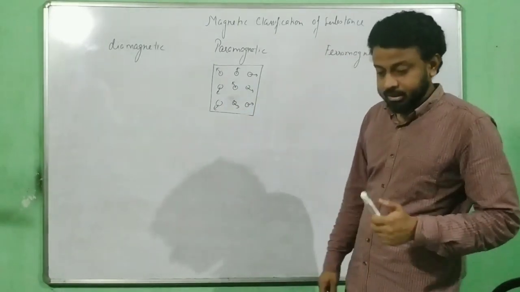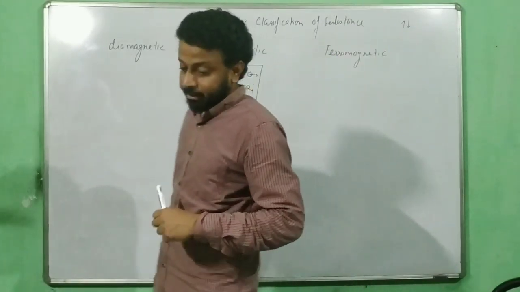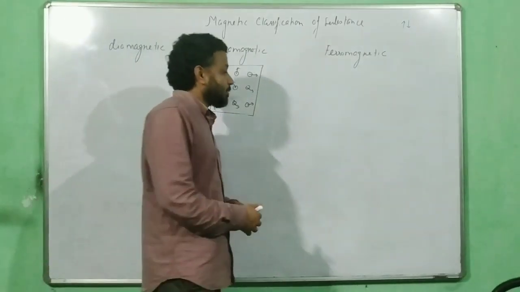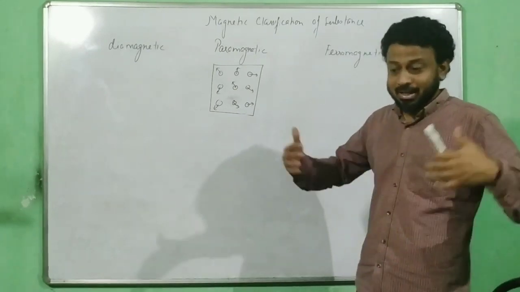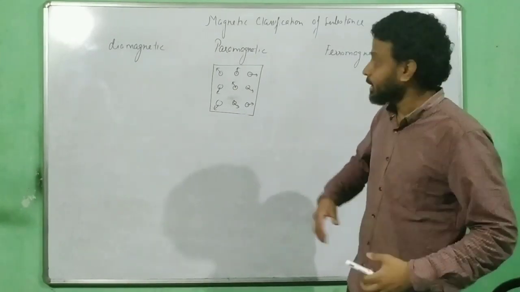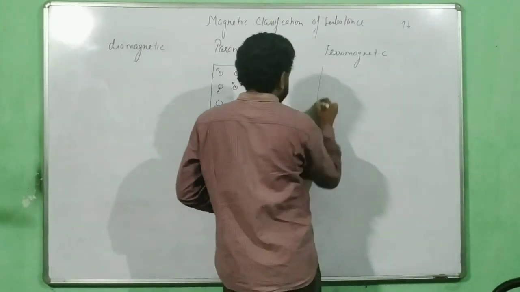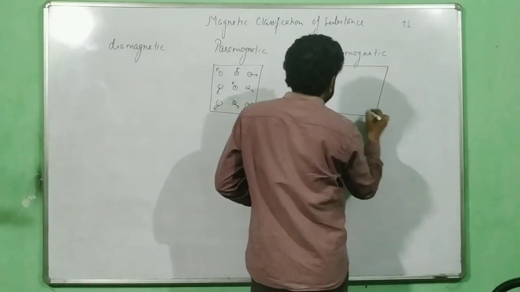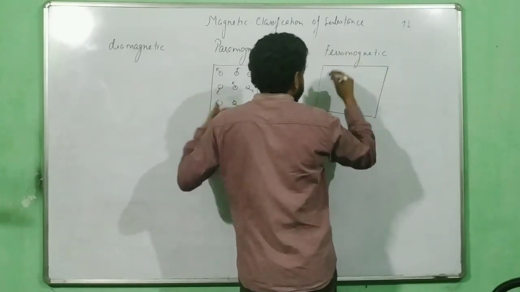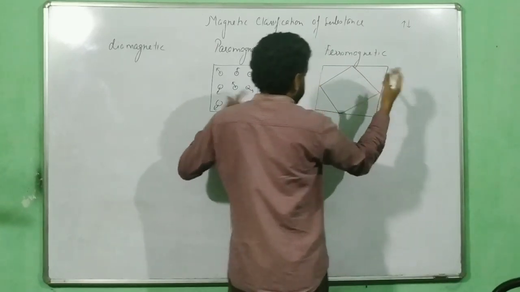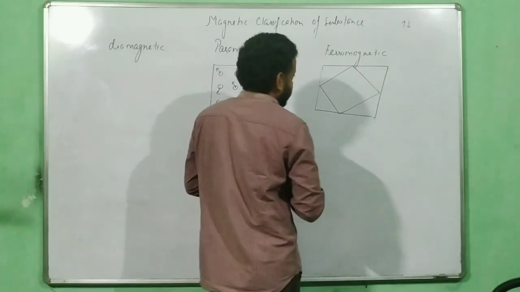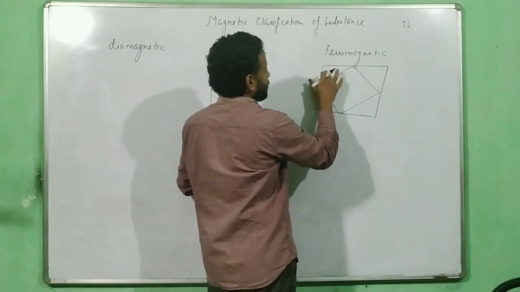Ferromagnetic substances are the most loved by magnets. Yes, they do have magnetic moment, but the magnetic moment exists in domains. For example, imagine a domain here. Just for the sake of looks, I am drawing a domain like this. This is one domain.